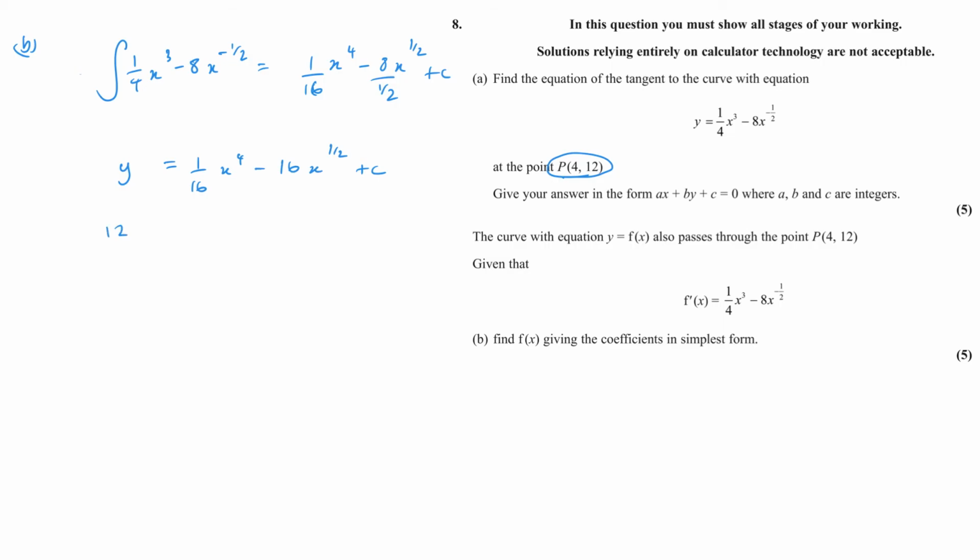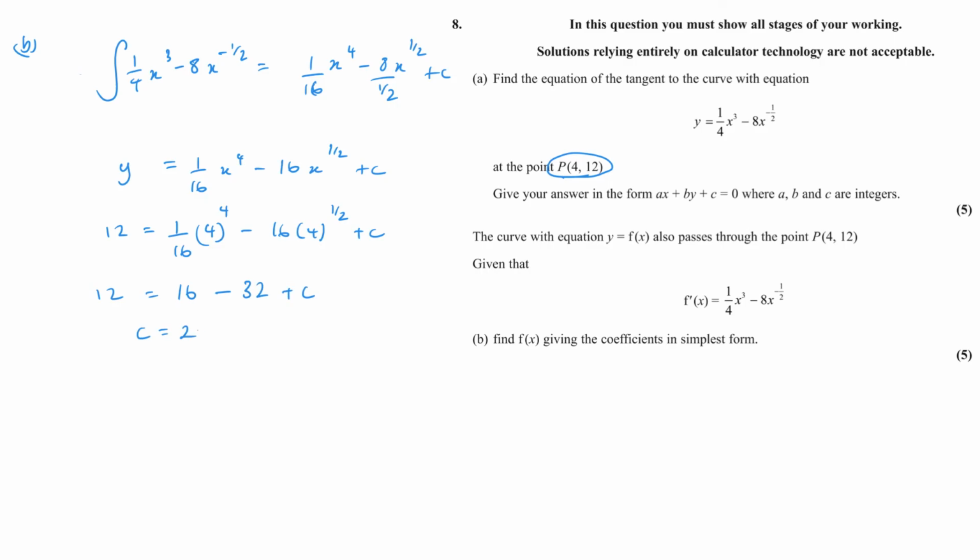So when y is 12, x is 4, so 1 over 16 times 4 to the power 4 minus 16 times 4 to the half plus c. So we got 12, 16 minus, now 4 to the power half is 2, so that's minus 32 plus c.